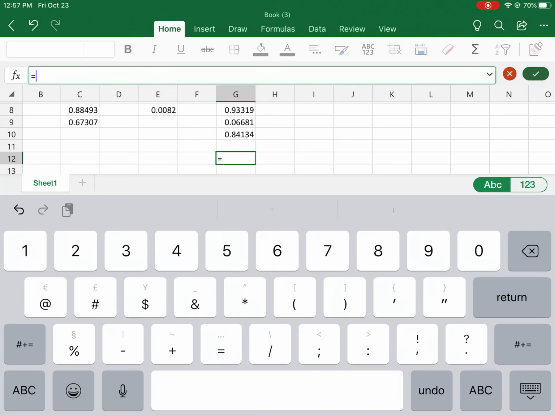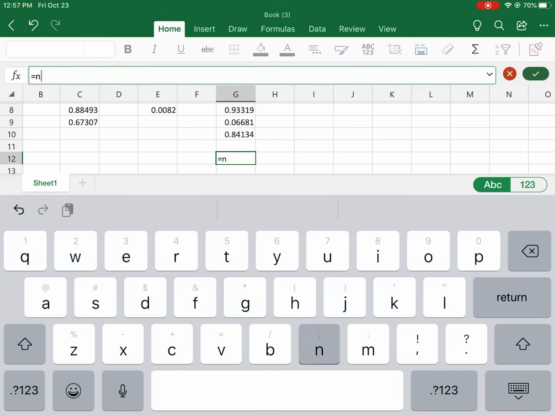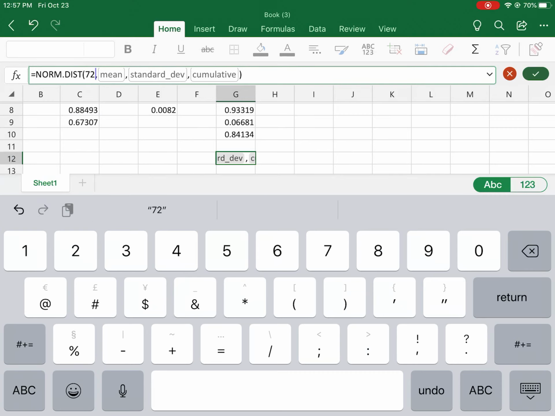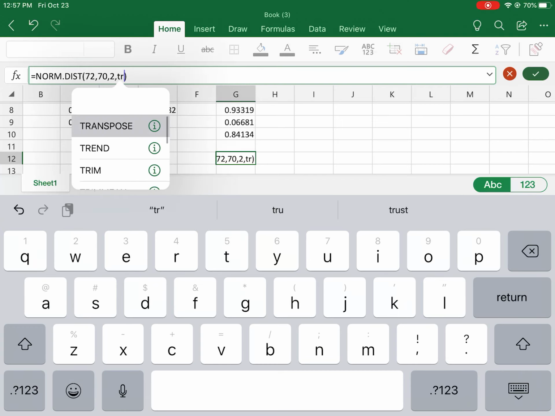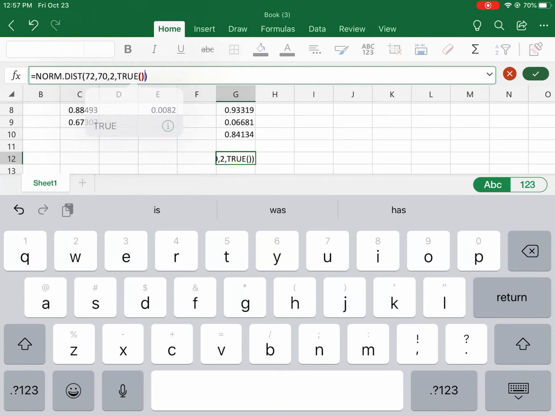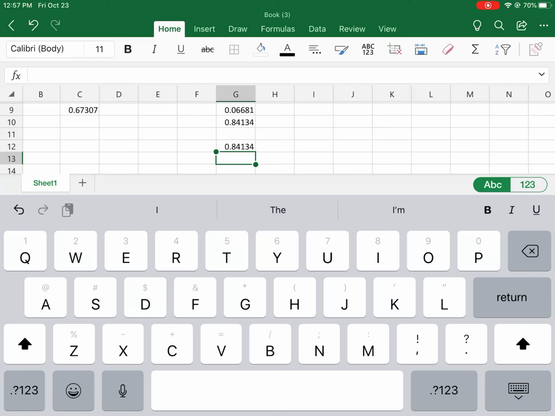That has never happened to me. So equals, I'm just going to retype it in here. 72, 70, standard deviation is 2, true, enter.